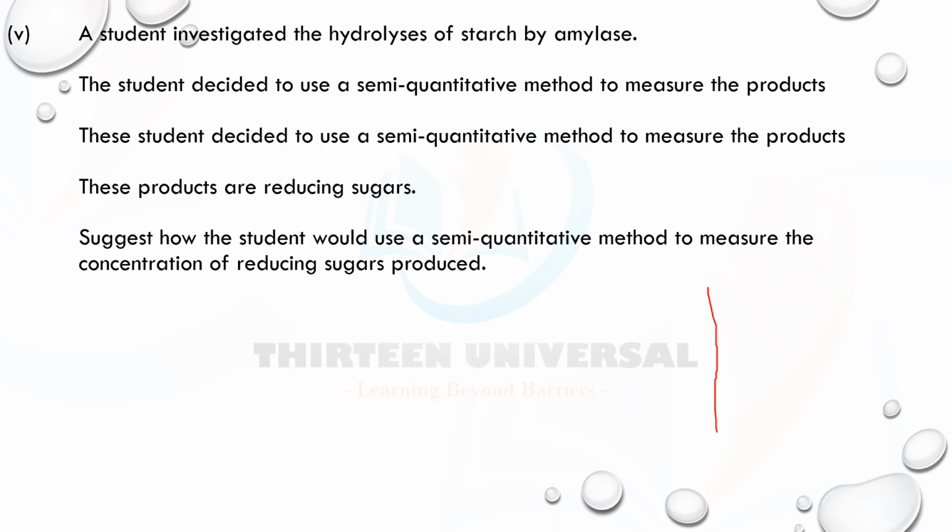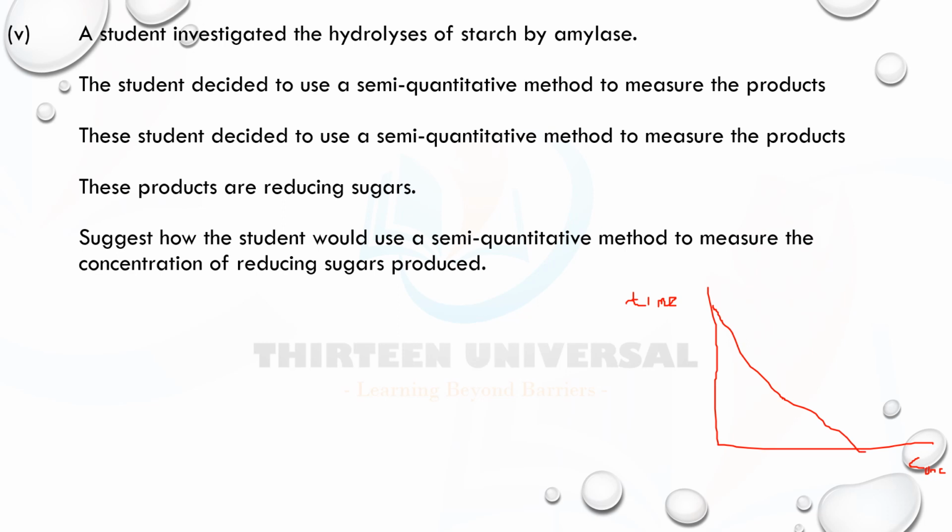Plot a graph. If you use known concentrations, you measure the time for color change. Concentration against time for known concentrations. In this graph, as concentration increases, time for color change will decrease. So it's going to have something like this, a negative curve.